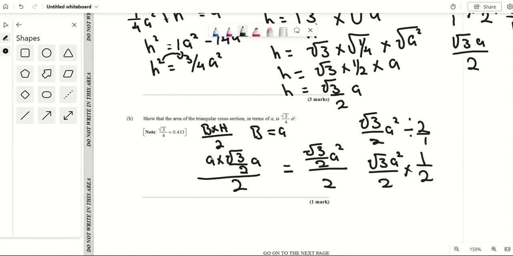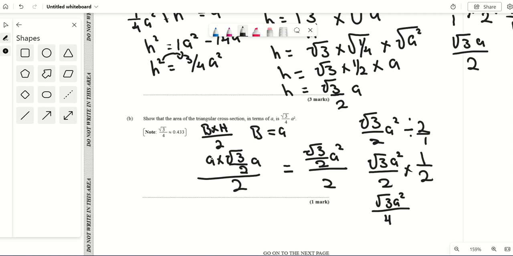And then we have root 3 a squared over 2 by 2, which is 4, sorry. This is equal to 4. We have shown that already. Look at that. It's root 3 over 4 all a squared.